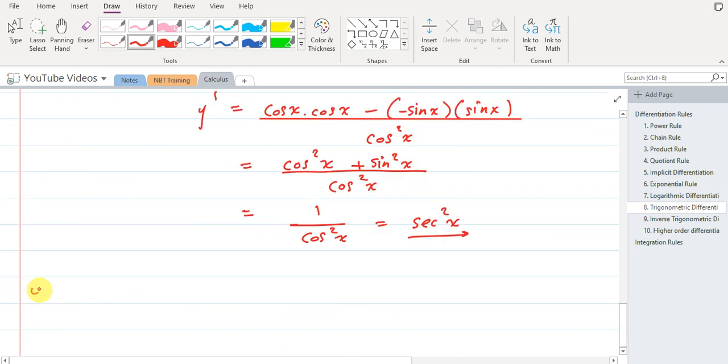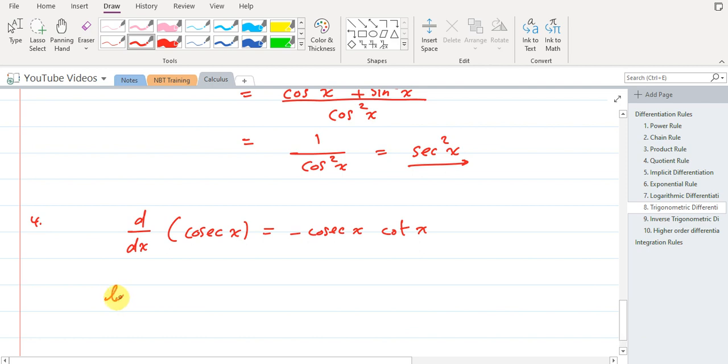Number 4. How come d/dx of cosec x is equal to negative cosec x cot x? So what we need to say is let y equal cosec x, and we know cosec x is 1 over sine x.